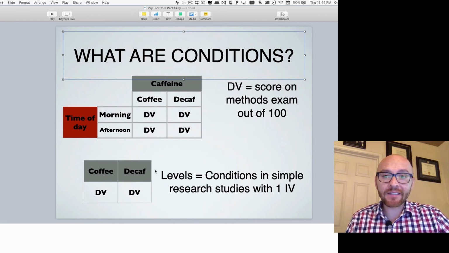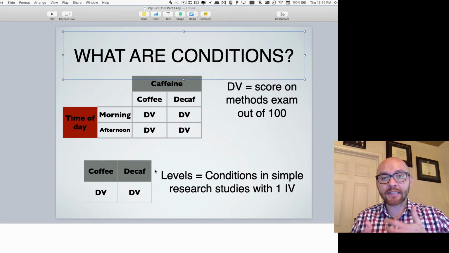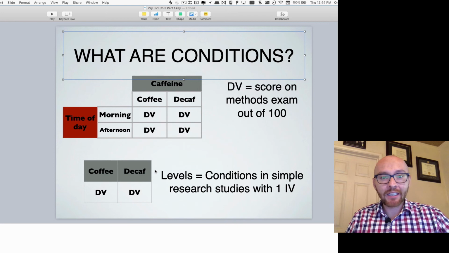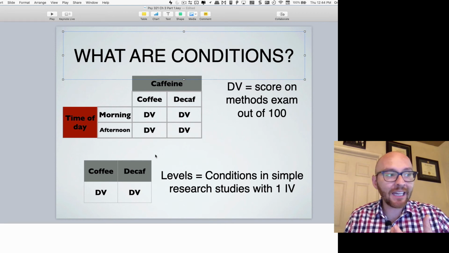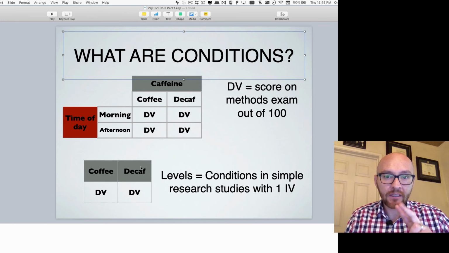Now, in many of the examples we're going to be going through, and that the textbook gives you early on, they're focusing on study designs that only have 1 IV. So let's say I had a study design where I only have coffee with 2 levels, coffee and decaf, right? That's fine.